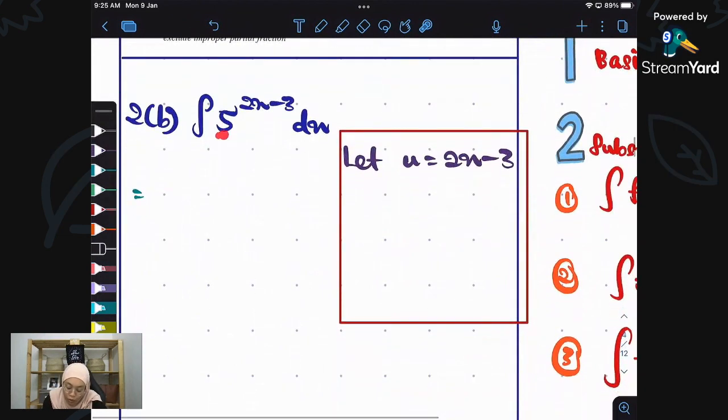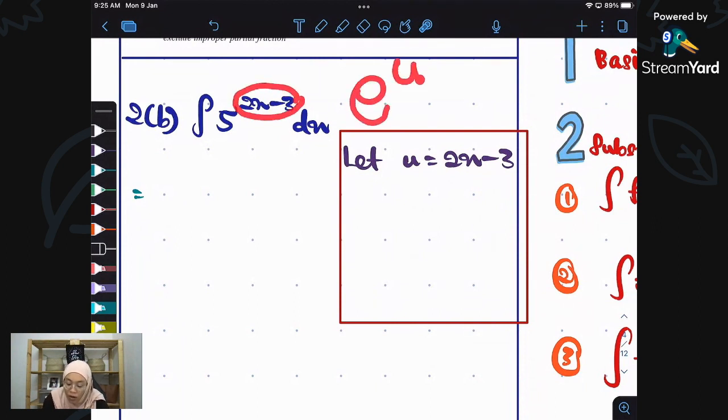Question 2b is also exponent functions. You already know how to integrate exponent functions, but let's use this question for the substitution method. Use the power of the exponent, or the letter A, A to the power of U. So this power of the exponent will become the U. So let U equal 2x minus 3.